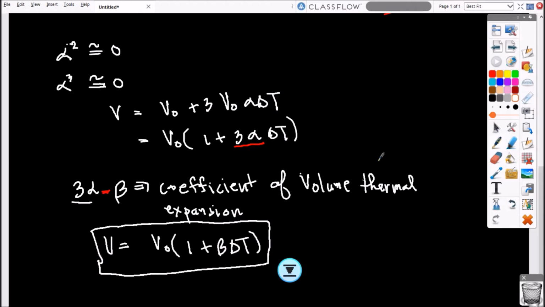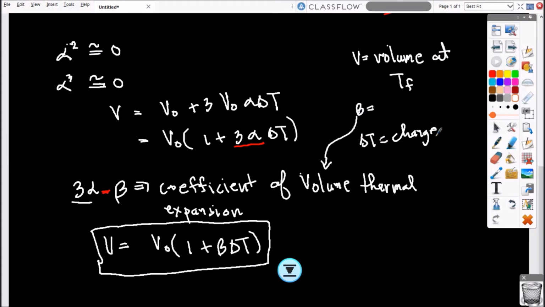Right? So V here is the volume at the final temperature TF. Okay, and beta, you know already what beta is. That is the coefficient of volume thermal expansion, and then delta T is the change of temperature.